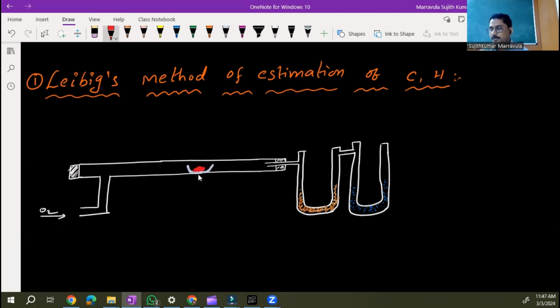Copper oxide is black in color. For your reference, I am using a different color. We have to heat this using a Bunsen burner.